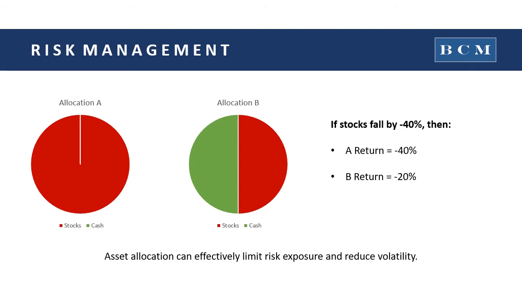Again, this is clearly a very simple and basic concept, but we can see that it is also very effective. Allocation B has effectively placed a 50% limit on the portfolio's risk exposure, and because of that, it's also greatly reduced the portfolio's volatility.